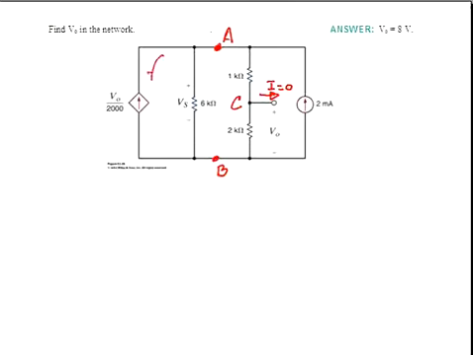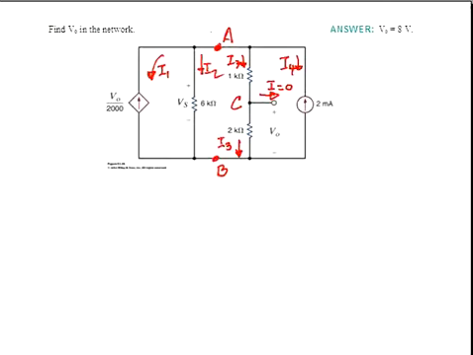We'll label currents in the other branches of the circuit I1, I2, I3, I4, and we should recognize that the same current I3 also flows through this 2K resistor.